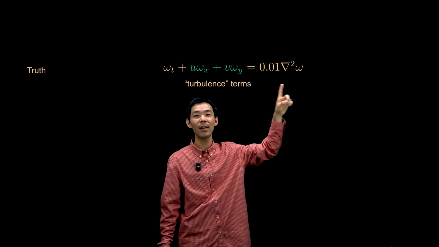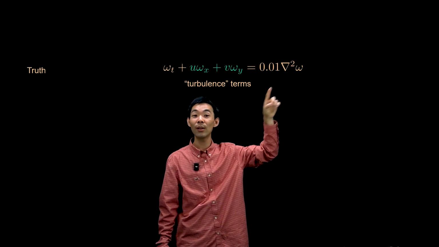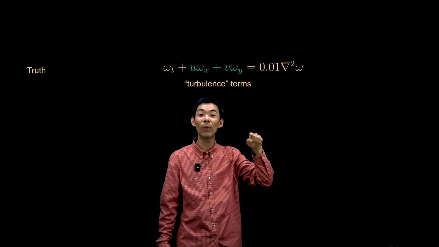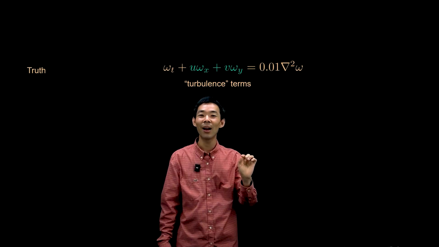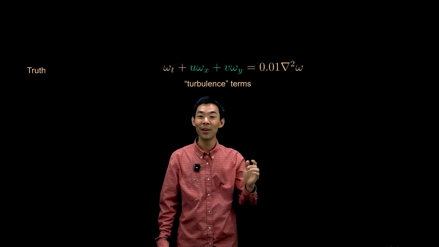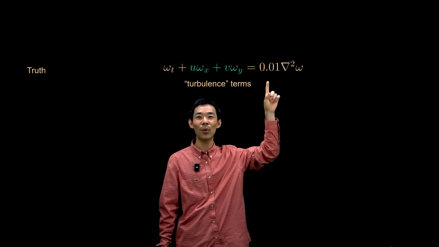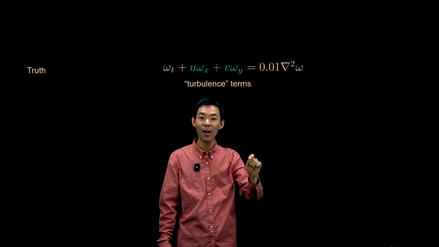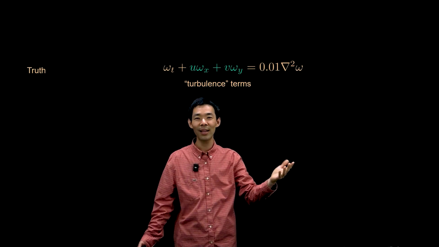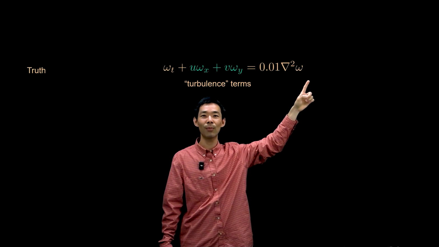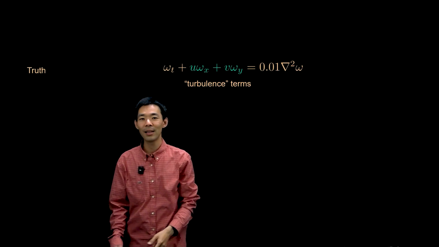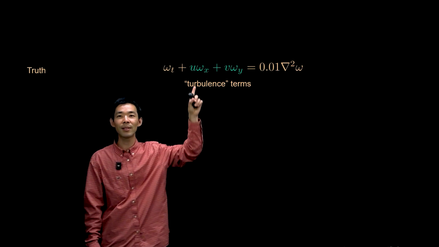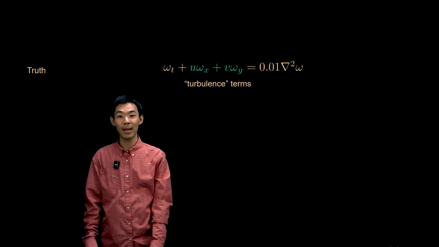Over here on the right-hand side, we have 0.01, which is equal to 1 over the Reynolds number. And what we have simulated is a Reynolds number of 100. So what we expect to get is 0.01, which is 1 divided by 100. Reynolds is 100 in our case, and therefore we have a viscous term right here, which is just 0.01 of the Laplacian of the vorticity. This is the truth. Let's see how close we get.